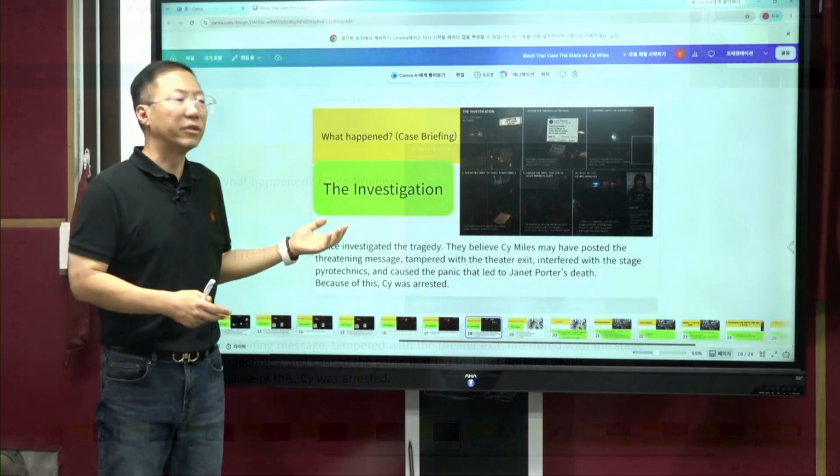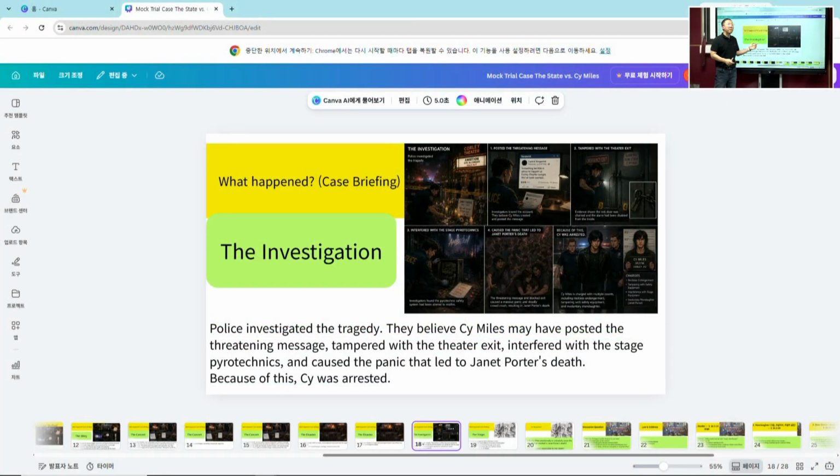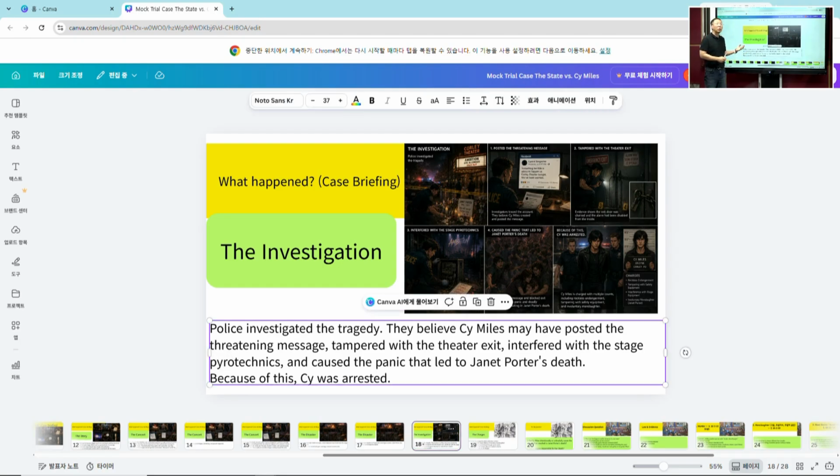Police officers believe that it was Cy Miles who posted the mysterious Facebook message and caused the chaos. Also, they believe that Cy Miles intentionally manipulated the emergency door, so he is responsible for breaking the door so people could not get out. Police officers also believe that Cy Miles did something to the pyrotechnic device, so it went off before the concert.